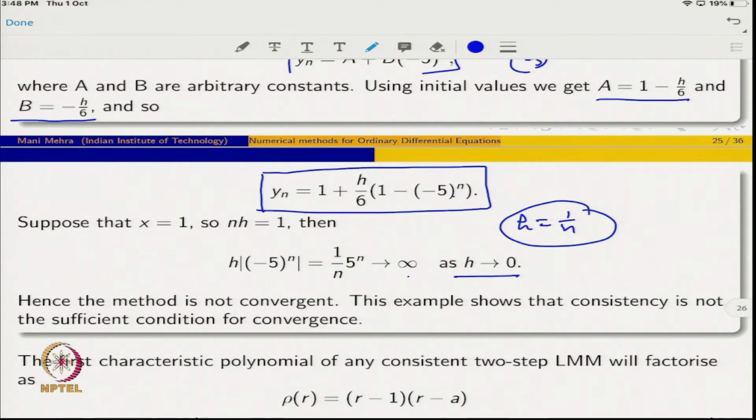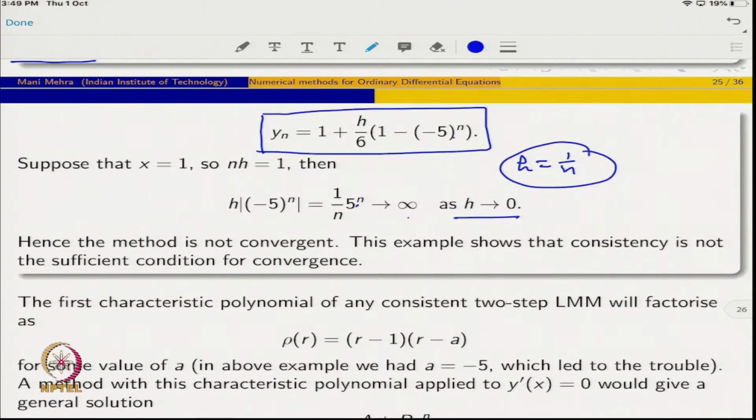Now we have to observe why it is not convergent. If you observe very carefully, we are not getting convergence because 5 to the power n tends to infinity as h tends to 0. And it is happening because 5 is a number greater than 1.